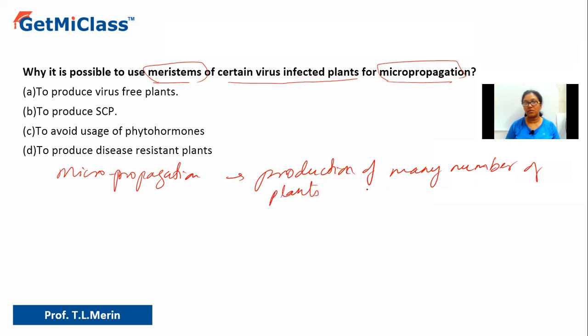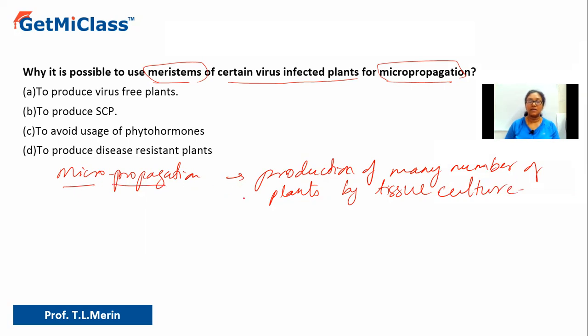Why is it possible? Because in tissue culture you can culture the tissue, it will give rise to callus, and further you can divide the callus into many bits, and each individual cell will give rise to a new plant. So that is why it is possible to produce many number of plants in the lab condition by tissue culture. That is why it is called micropropagation.